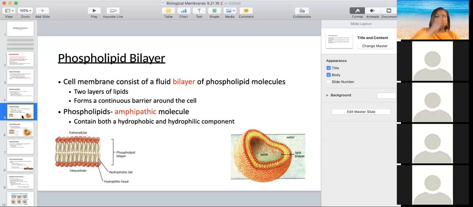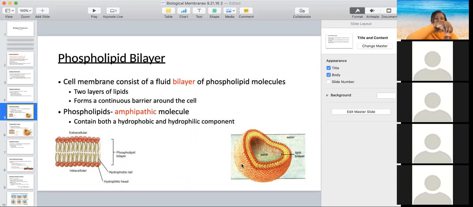All right. I know we're used to seeing the representation of the cell in a 1D circle, and you just make that little spherical shape, and we call it a cell. And that membrane just looks like it's a one-dimensional structure. But if we looked at it from this 3D illustration right here, we can see that it's actually a bilayer of phospholipids.